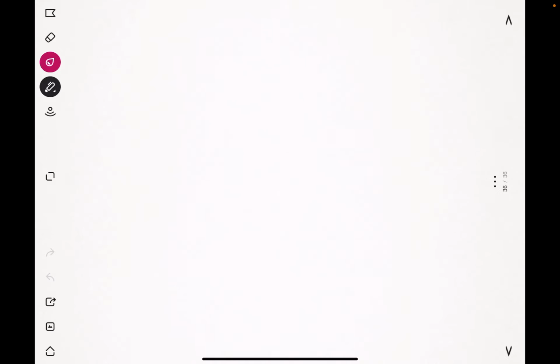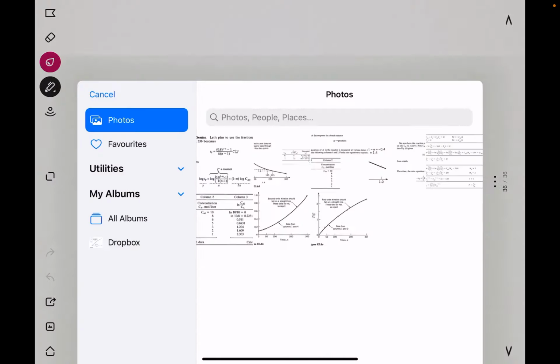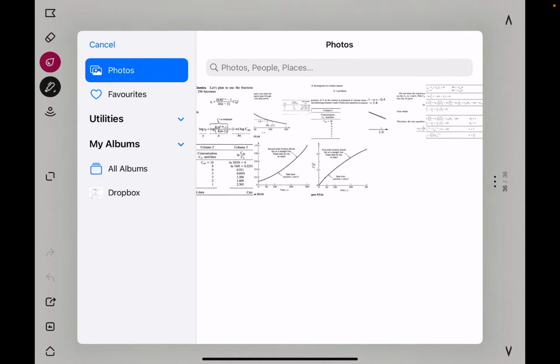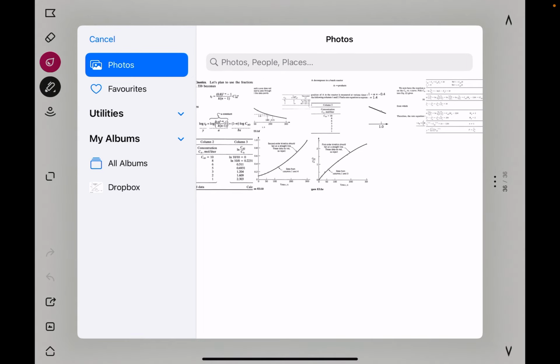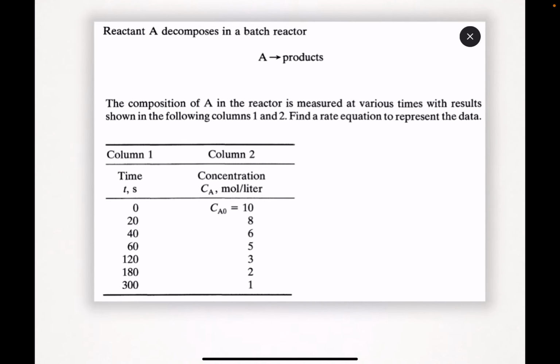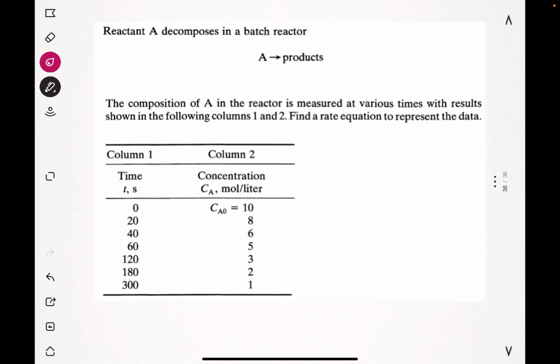Now let's have a look at the problem statement, the one we'll be dealing with today. So you can see the reaction is A to products, and the order is not mentioned.